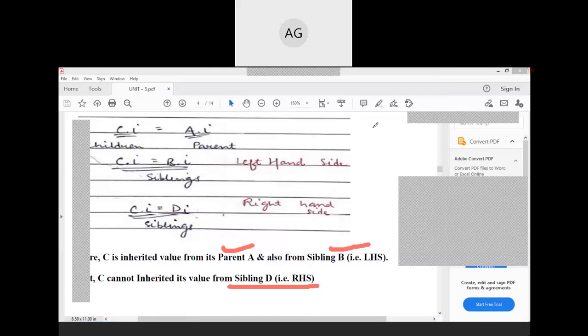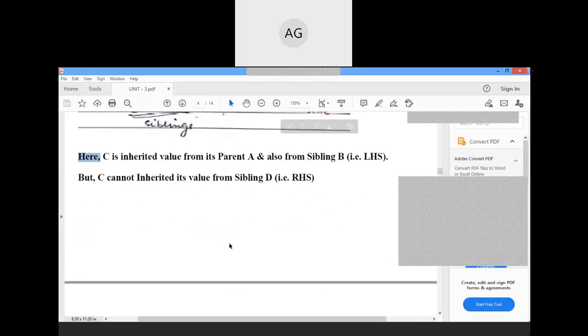Just write in the chat box because this concept is very important. In the case of inherited attributes, the attributes can take the value from their parent as well as from their left siblings, and not from their right hand side siblings. Whereas in the case of synthesized attributes, the parent can take values evaluated from its children only. So these attributes are very important.